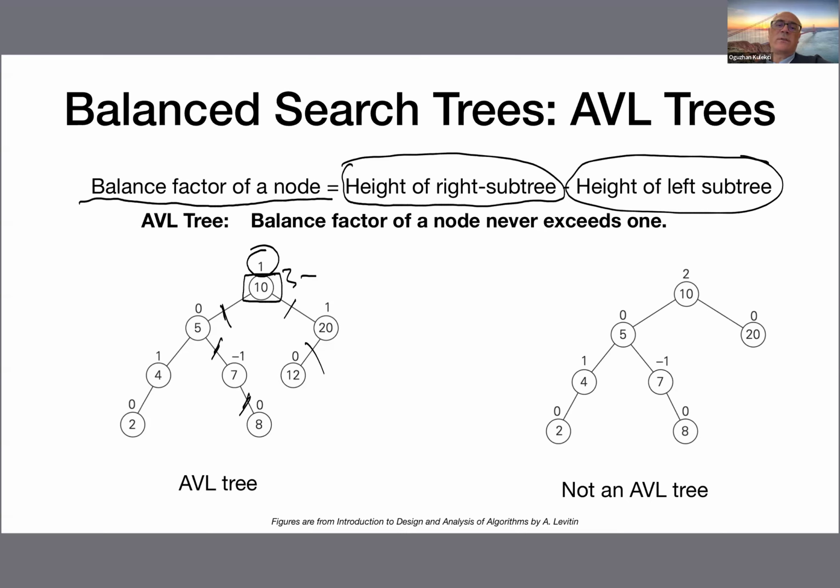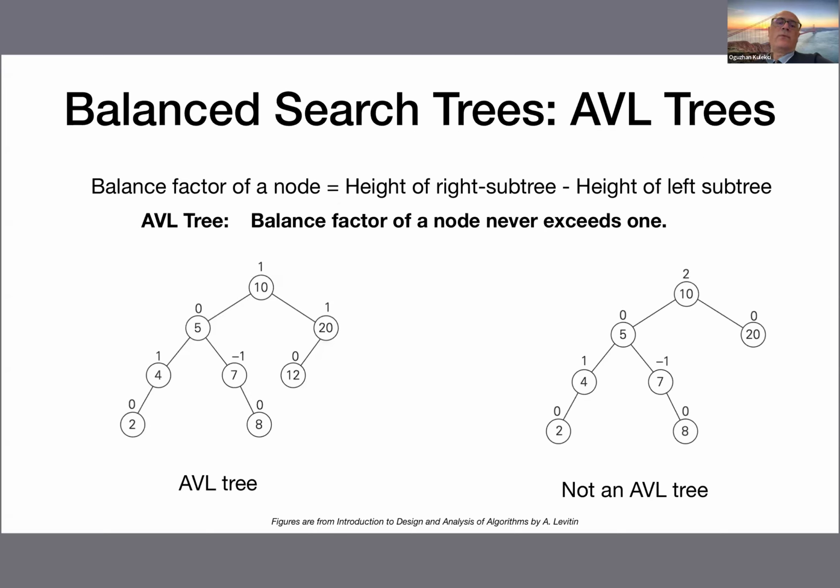So 3 minus 2 is equal to 1, which is the balance factor of this node. Similarly for this one, on the left side there's only one node, and on the right side there is nothing. So the right subtree minus the left subtree is equal to 1. Okay, so 1 minus 1 is equal to 0.